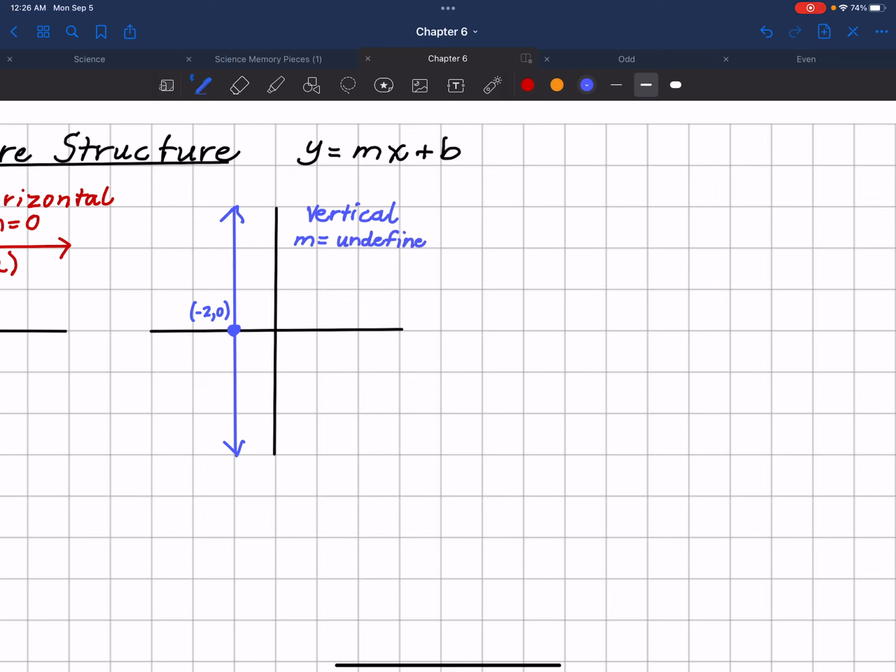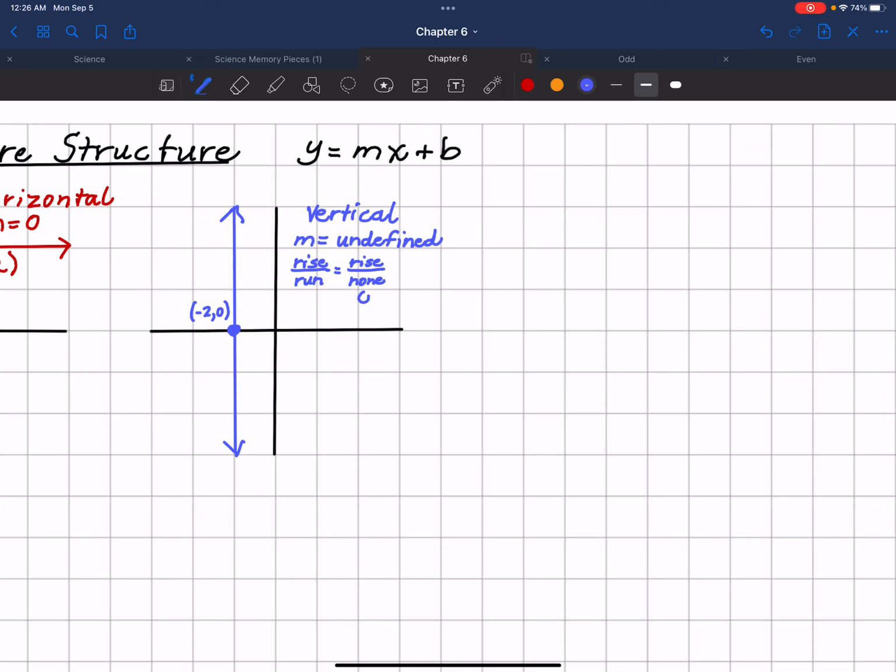And here's really the reason for that. Remember that slope is rise over run. Well, in this case, we know the rise, but there is no run. There's no movement left or right.